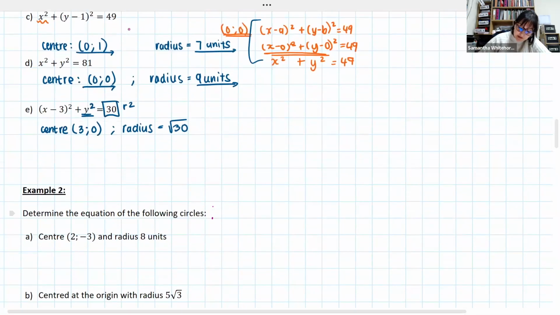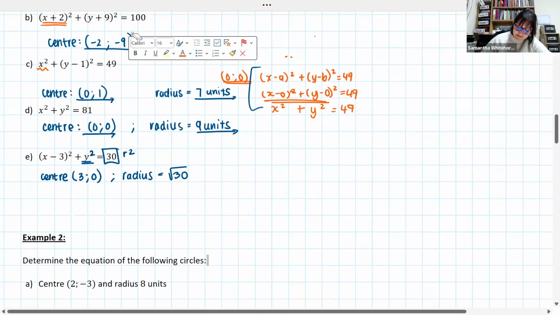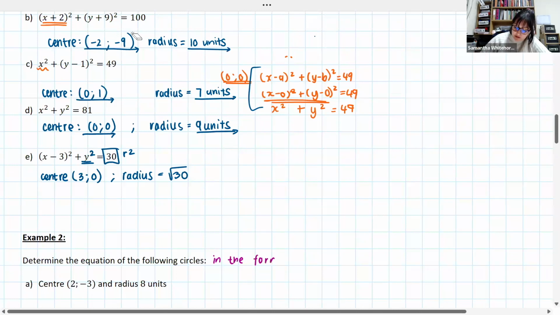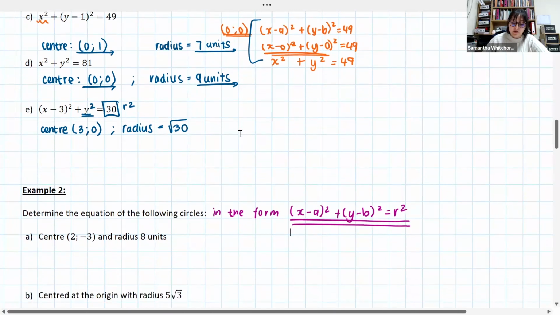Now, generally, when we give you questions like this, we will say something along the lines of, in the form, and usually it's the center radius form, (x minus a) squared plus (y minus b) squared equals r squared. So generally, we tell you what form we want you to write it in, and 90% of the time, it is the center radius form.